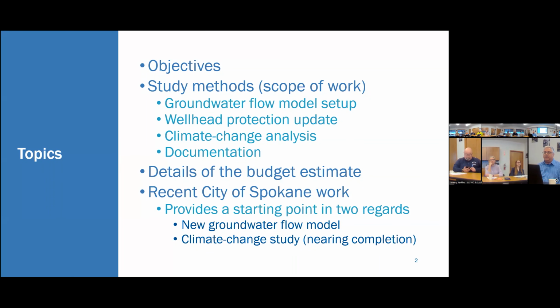Describe to you the study methods, which essentially constitute a scope of work we have in line for doing it. That relates to everything from setting up the groundwater flow model to conducting updates of the wellhead protection delineated areas, doing some climate change analysis to look at how groundwater levels at production wells could change in the future.